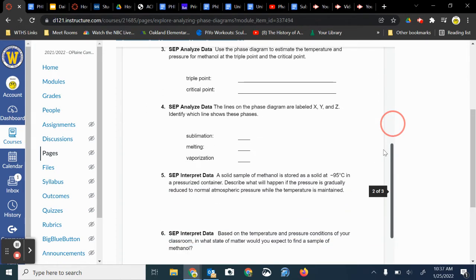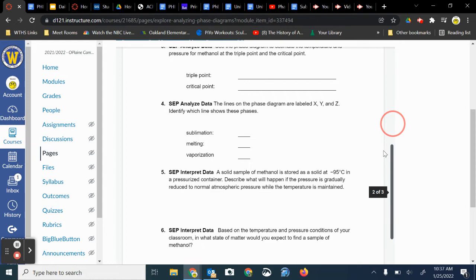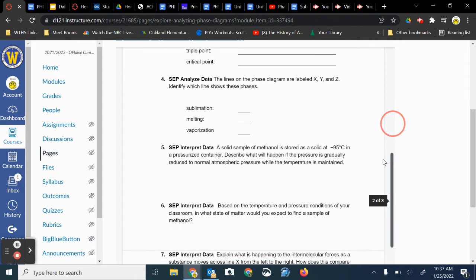Then for question number 4, sublimation happens with letter Z, melting is X, and vaporization would be Y, according to our graph. And then finally, the last 2 questions, we want to know a solid sample of methanol is stored as a solid at negative 95 degrees Celsius, in a pressurized container.